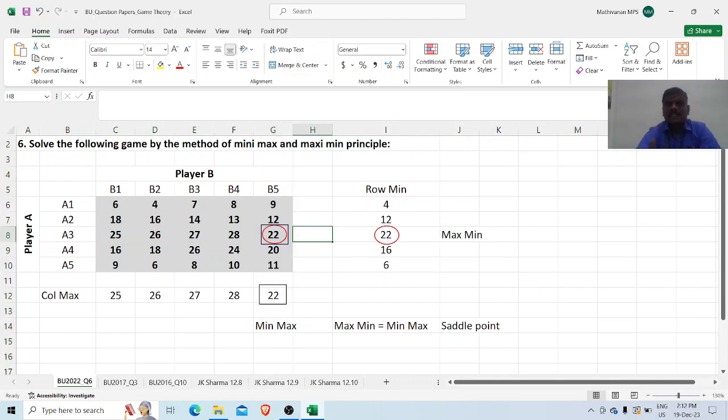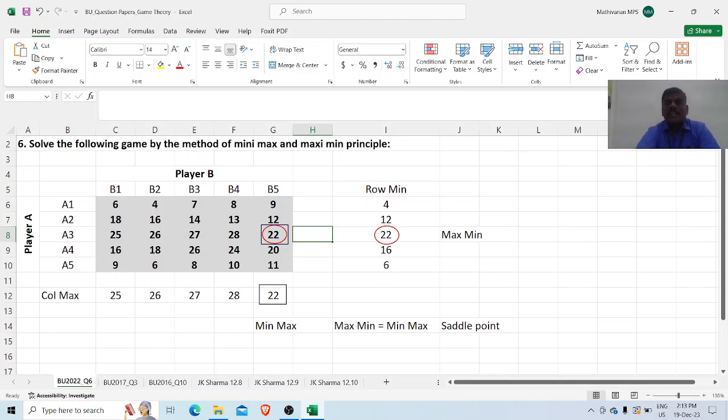When the players are using a particular strategy with the probability of 1, the game is following a pure strategy. So whenever the maximin value is equal to the minimax value, it is said that there is a saddle point in the game. And whenever there is a saddle point, the game is following a pure strategy where the players are using one strategy with a probability of 1.